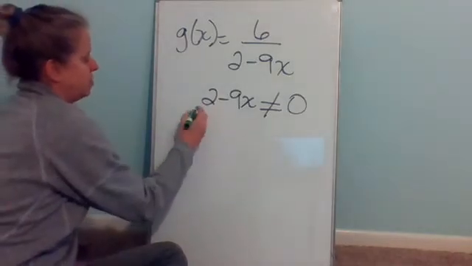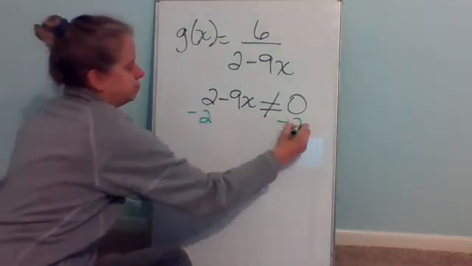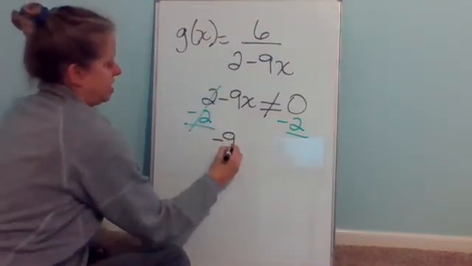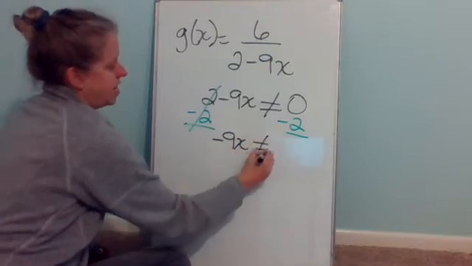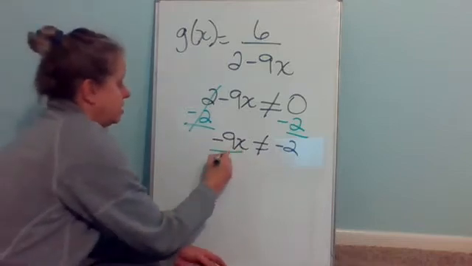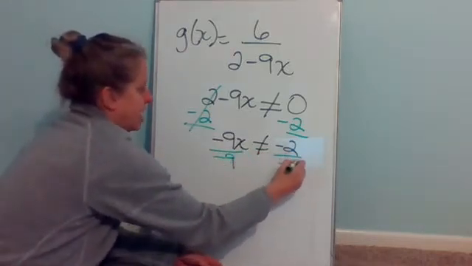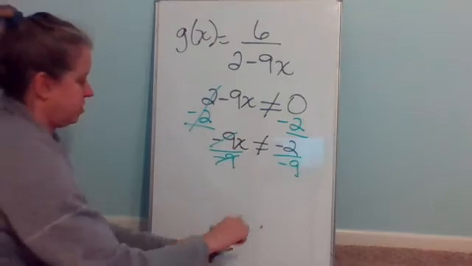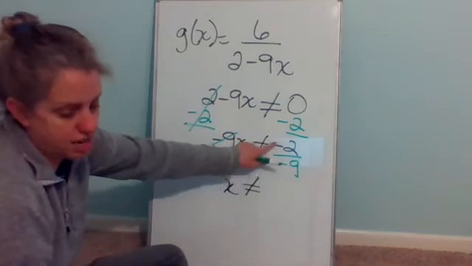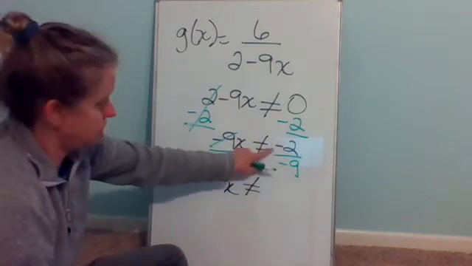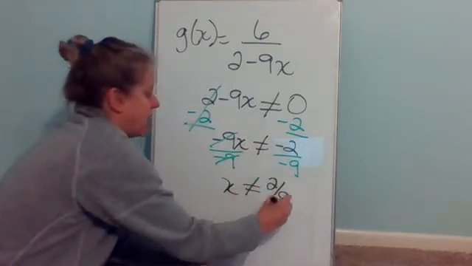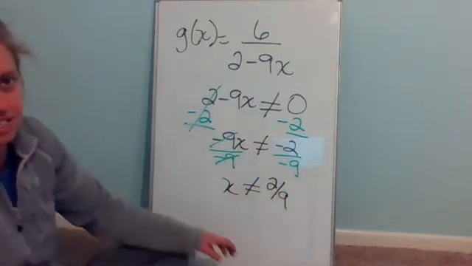So you get rid of this positive 2 with a negative 2 to cancel it. So then you have negative 9x cannot equal negative 2, and then divide by negative 9. So let's see, x cannot equal, here we have a negative over a negative, which would turn it into positive since it's negative divided by negative. So x cannot equal positive 2/9.